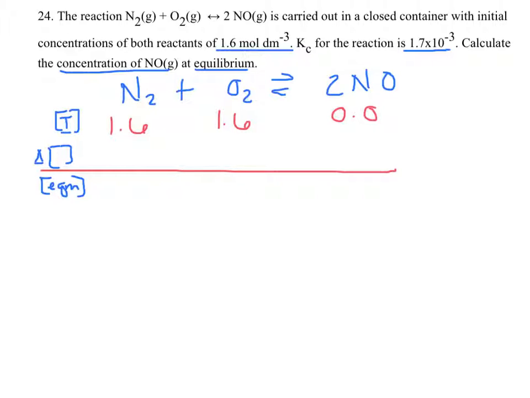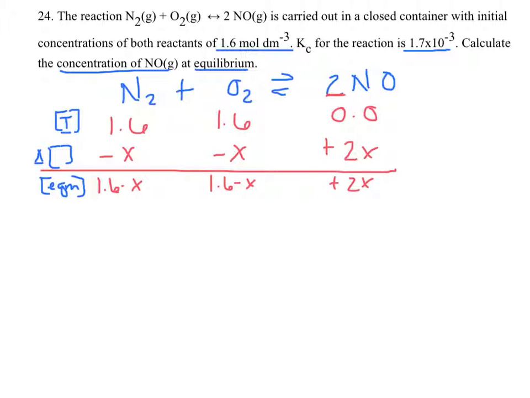Now, because I don't know anything else, I'm setting everything equal to x. So I have minus x for each of my reactants because I'm subtracting that change. And then I'm plusing 2x for my product because I have 2 of them in the balanced reaction. Now I'm going to put 1.6 minus x, 1.6 minus x, plus 2x.